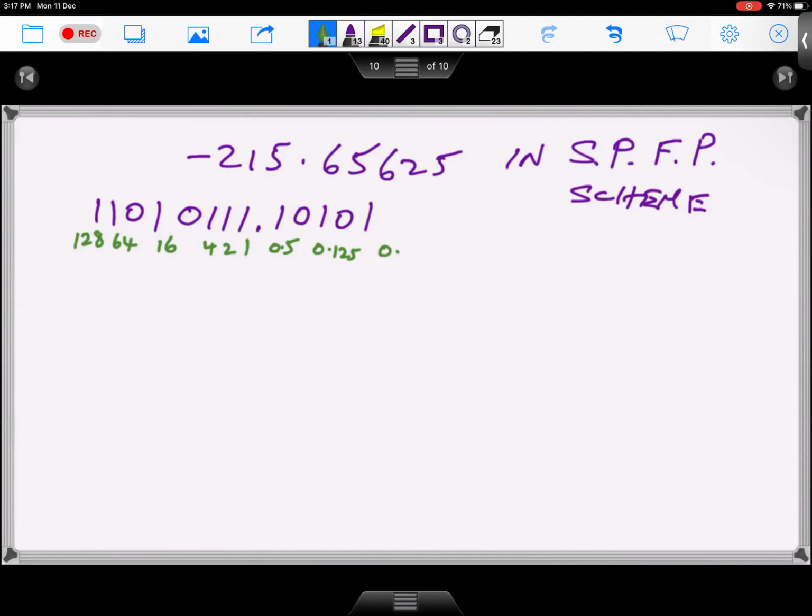And this one here is worth, what? Well, 0.125 divided by 2 is 0.0625, but that's that one, and that, so we need to divide it by 2 again. That's it.